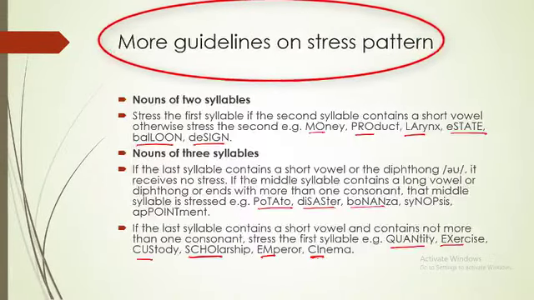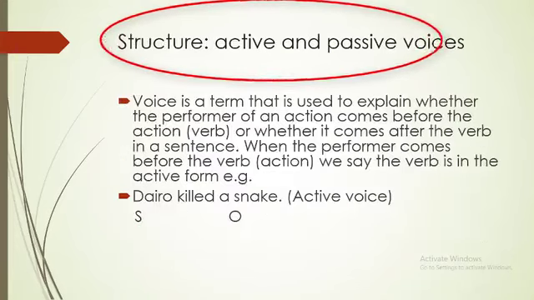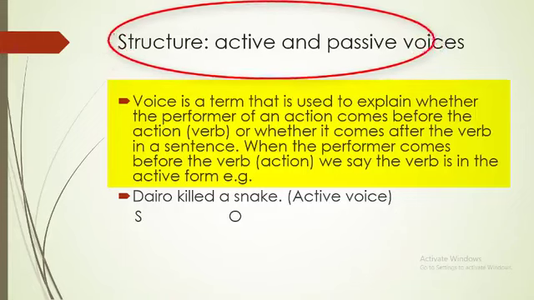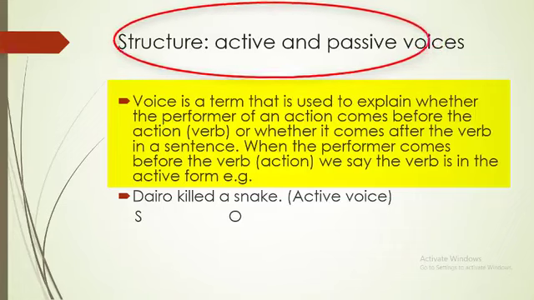Let's move on to active and passive voices. Like I told you, voice refers to who is performing the action and who is receiving the action that was performed. We have 'Dairo killed the snake' as an example.